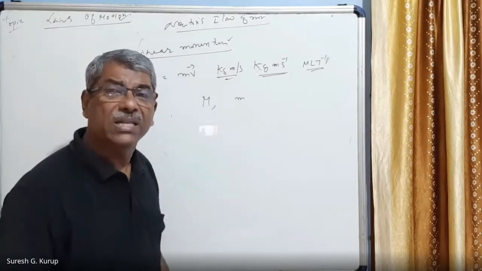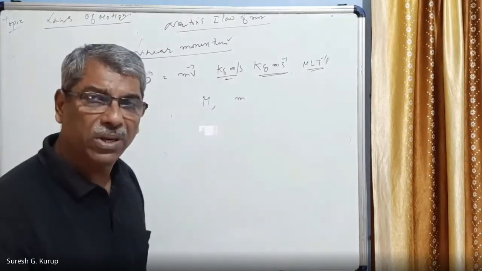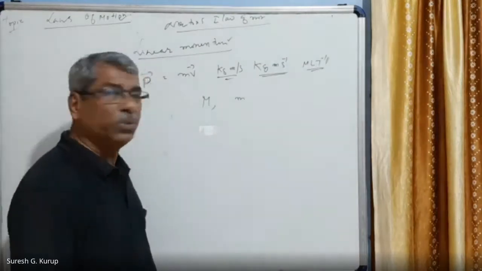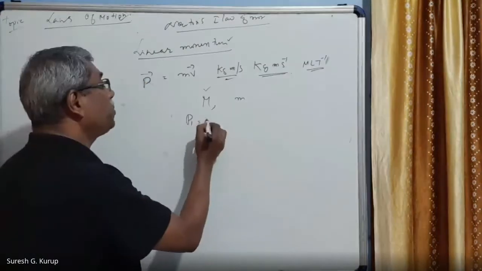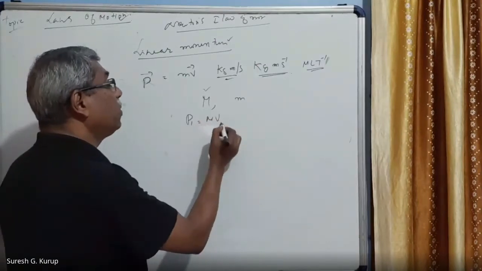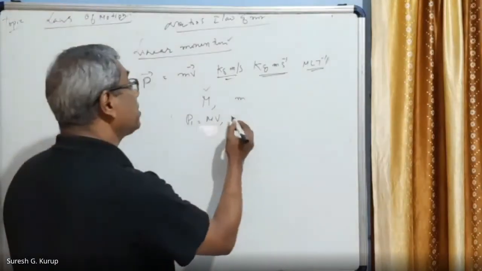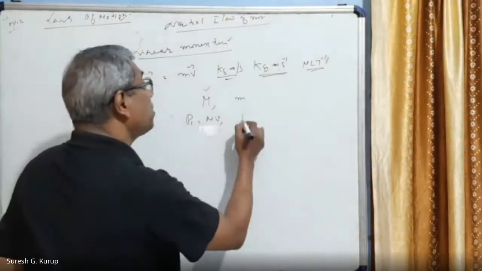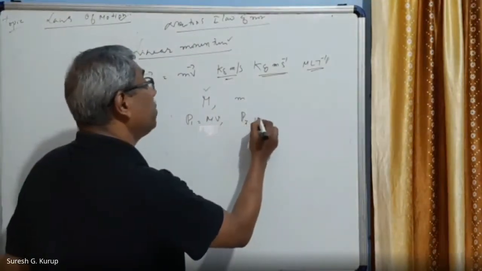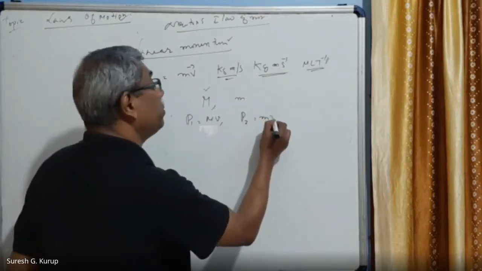It's not the same momentum, I am sorry, they are moving with the same velocities. Then the first body has momentum P1 equal to M into V, and the second body has momentum P2 equal to m into v.